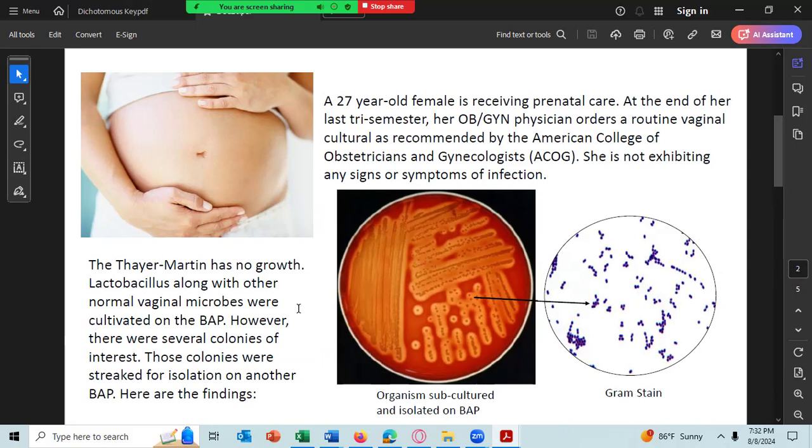There were microbes growing from the vaginal smear. There were several colonies of interest shown here and here. And here are the findings of the bacteria. This is the bacteria growing on blood agar, and you can see the hemolytic pattern here. And there's the gram stain of the bacteria.